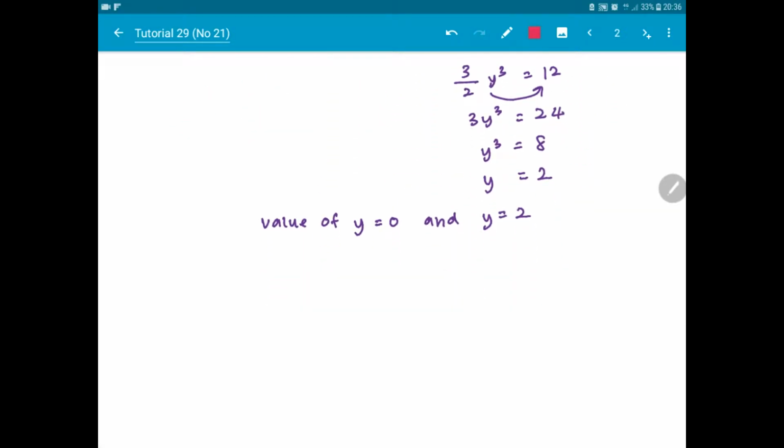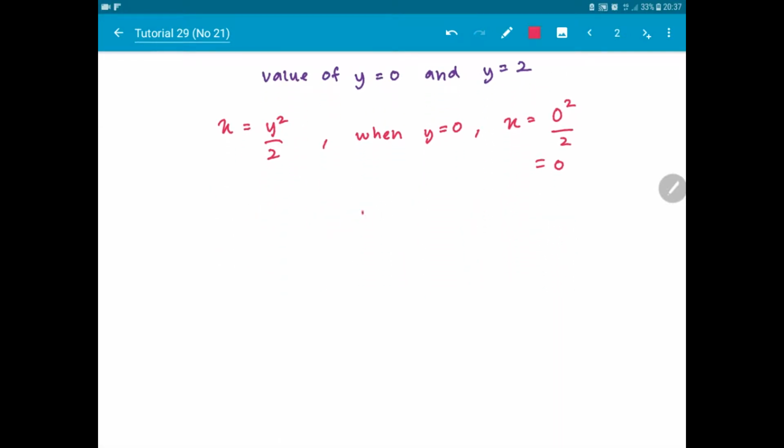So just substitute the value of y into x. When y equals 0, x equals 0 squared over 2 equals 0. When y equals 2, x equals 2 squared over 2, 4 over 2, equals 2.